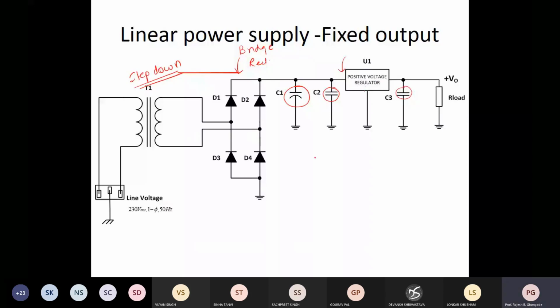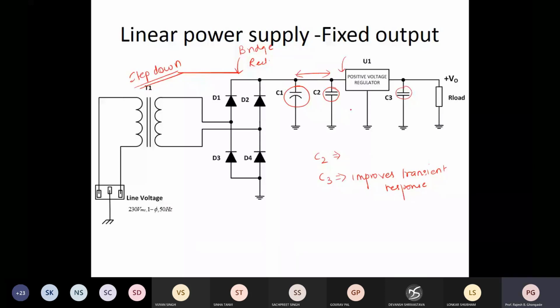This capacitor C2 and C3. So C3 actually improves the transient response. It simply means that it makes the regulator fast to react to the changes in output. Simple as that. This C2 is required only when this distance is larger.